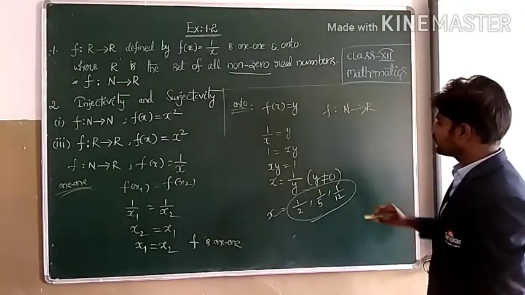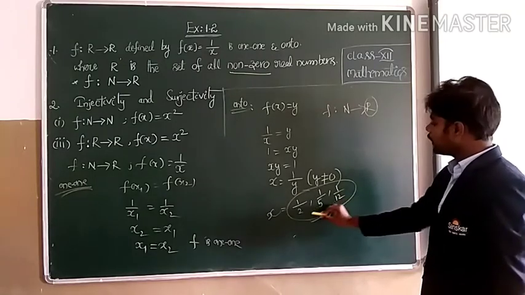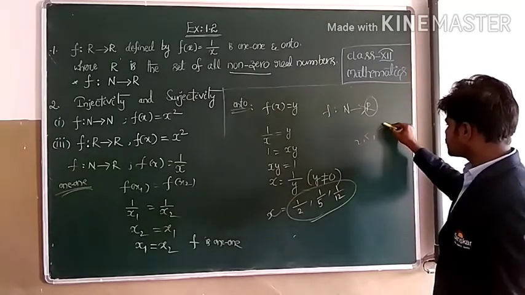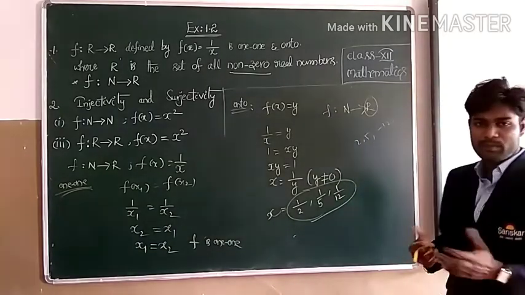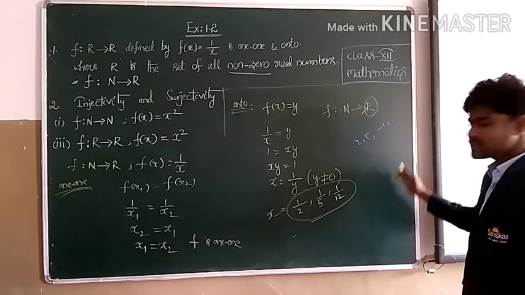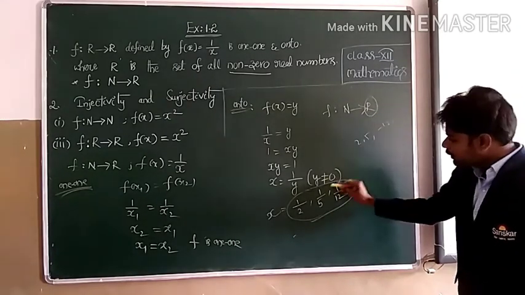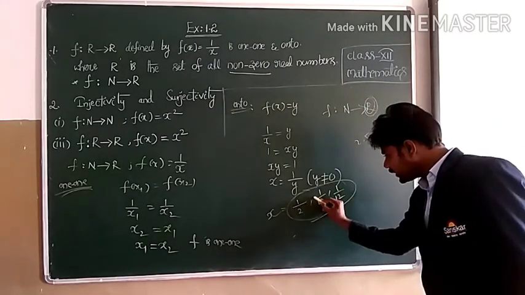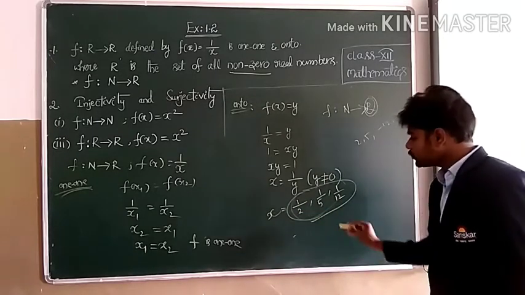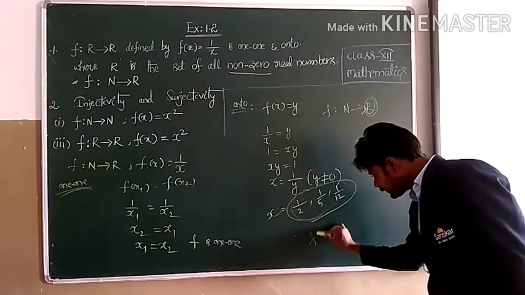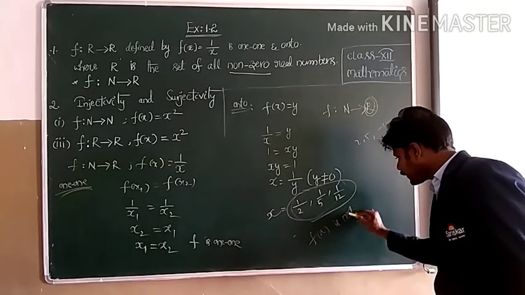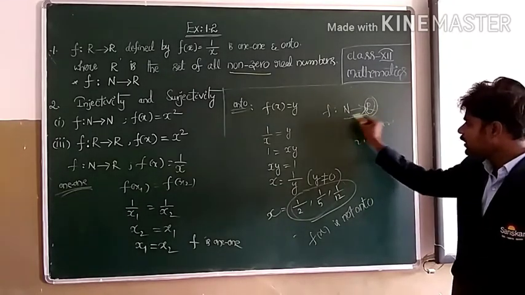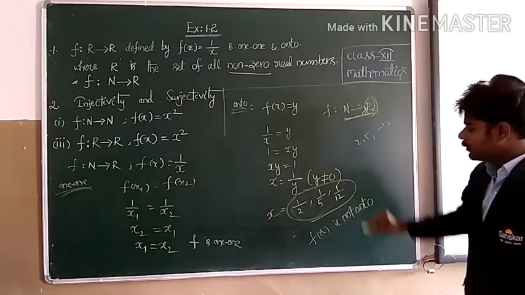So here, y values are okay: 2, 5, minus 12 or any value, because in the real numbers positives and negatives and some decimal numbers also come. So that's why it satisfies the real number condition. But here what we got, these values are not natural numbers. So that's why f of x is not onto function. F of x is not onto function because it was defined natural number to real number, right?